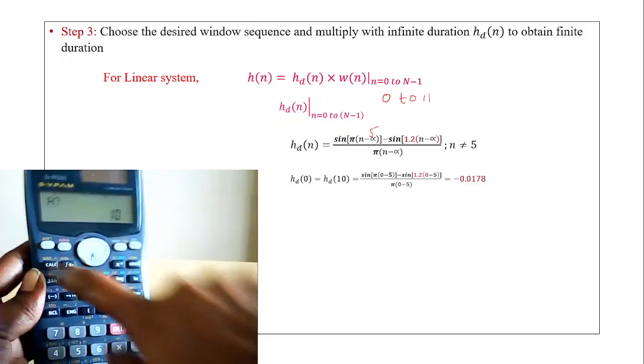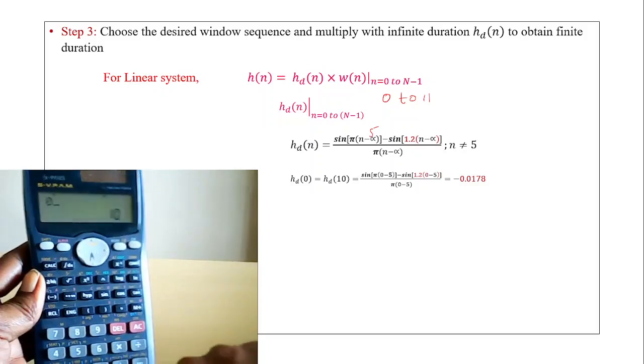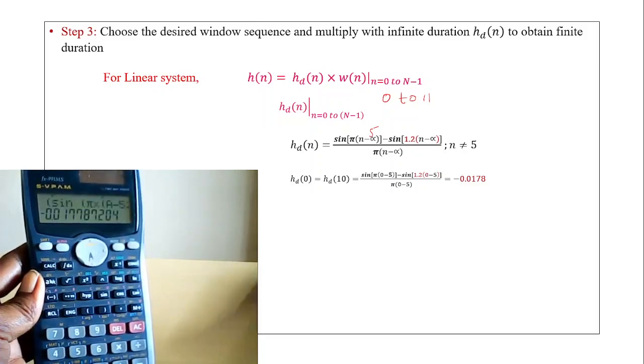Now calculate. Substitute the value of n as 0.